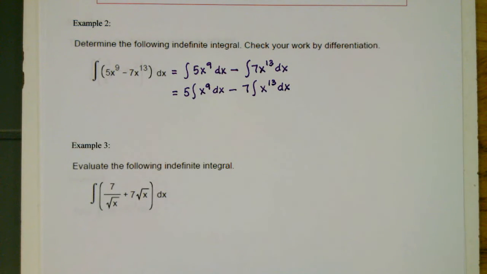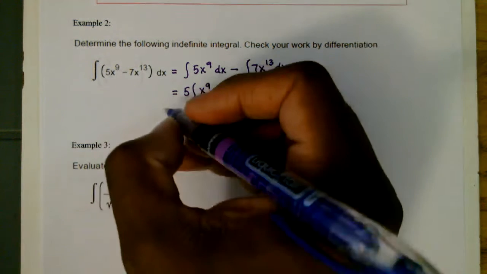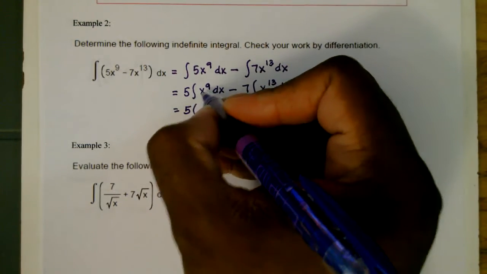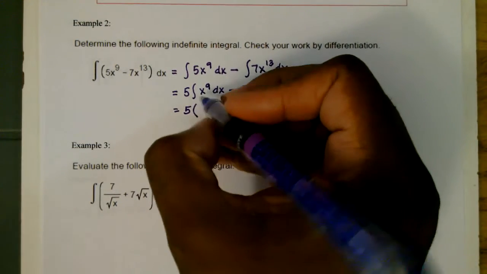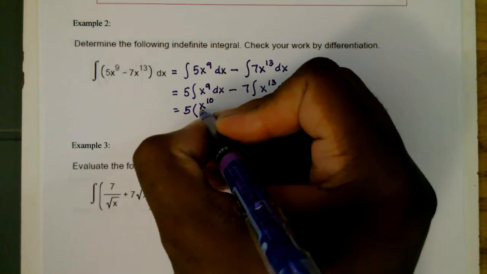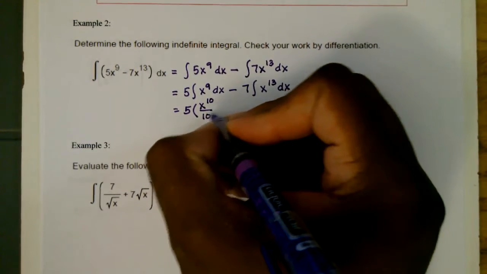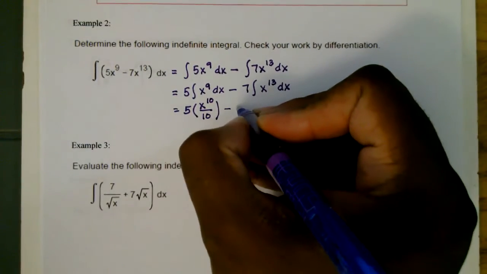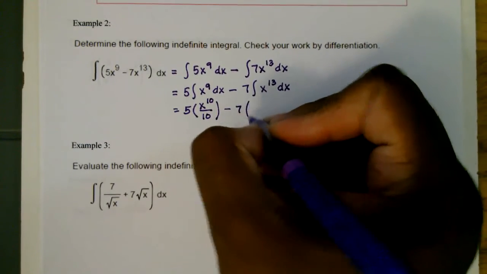Now we're going to find the integral of each one. If I bring down the 5, here I increase the power by 1. So it'll be x to the 9 plus 1, which is 10, divided by the new power, which is 10. That goes in the denominator. And then minus 7 times this.